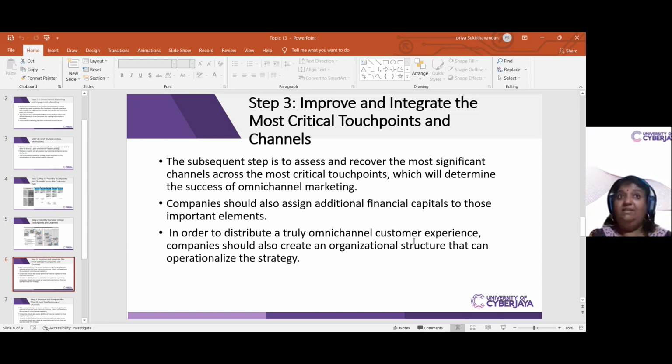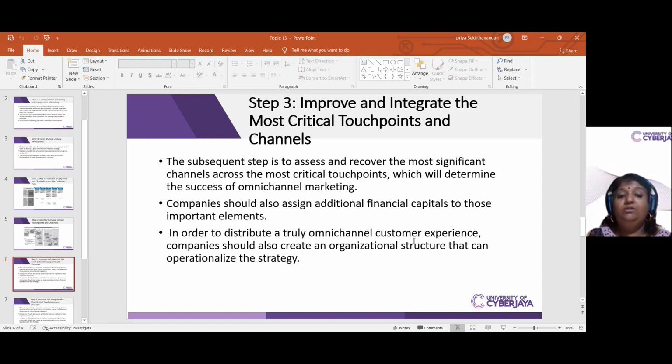So once you identify which is the critical touch point, you'd want to enhance those touch points. You want to make those touch points better so that you know at what time, at what place, at what stage the customer was actually convinced to buy your product or not.